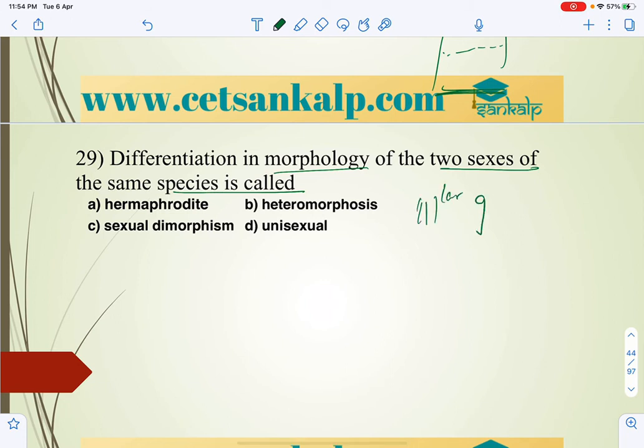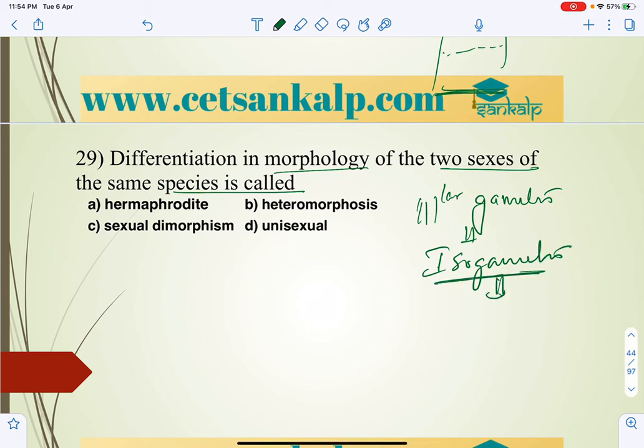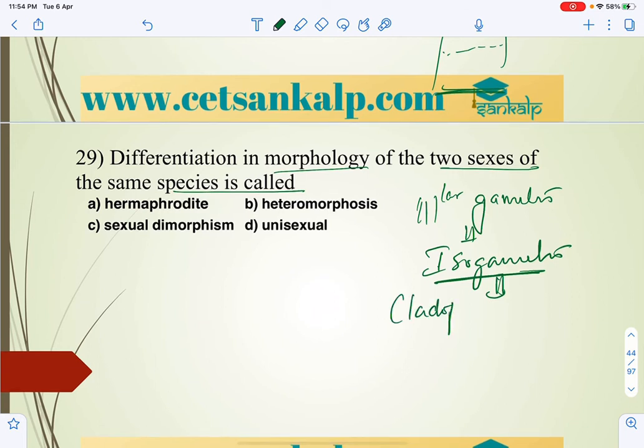Those similar gametes are called isogametes, gametes which are structurally and morphologically similar in appearance. We say isogametes in Cladophora, which is an alga.